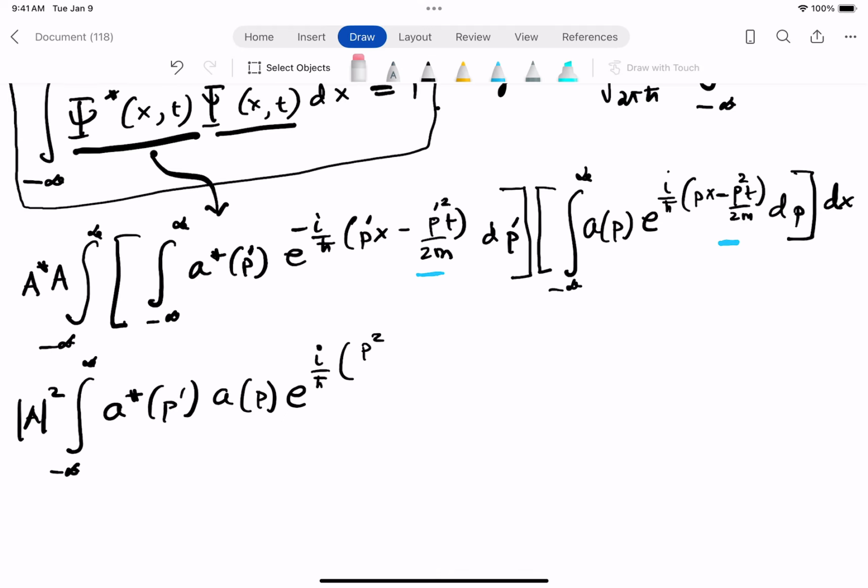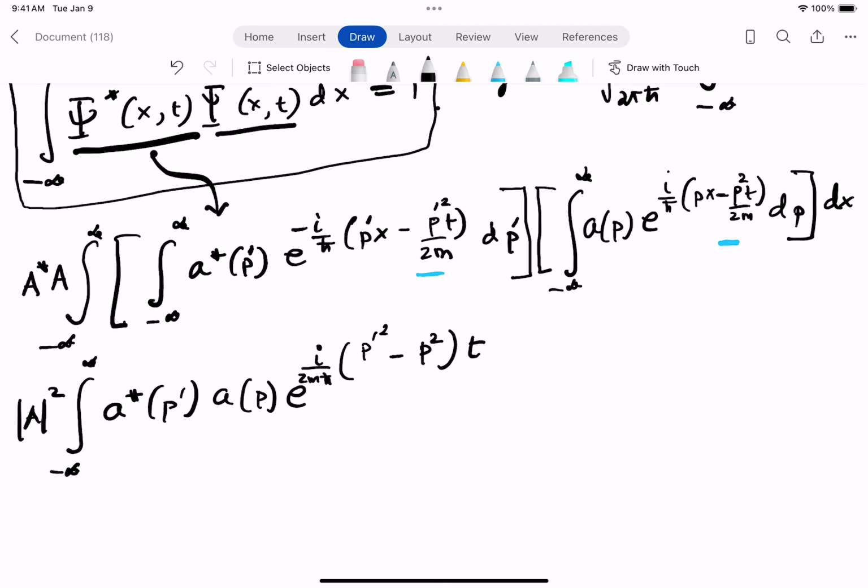Let me just factor out the 2m as well: i over 2m h bar, p prime squared, minus, and then the second term that I'm bringing in, which I've underlined in blue. That's going to be i over 2m h bar, p squared, t. So I brought in the two terms that I underlined.